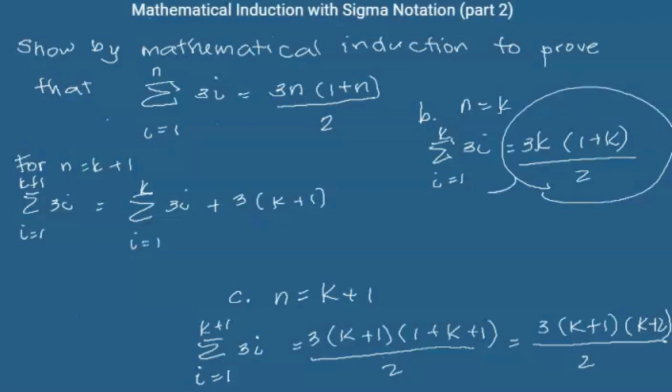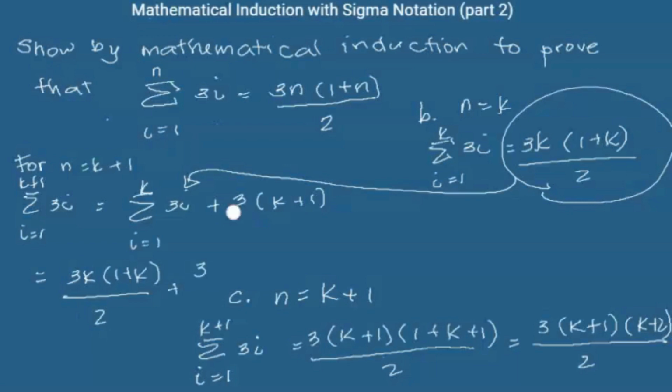So let's substitute this here. So that is 3k (1 plus k) over 2 plus 3 times (k plus 1). Okay, let's clear some space.